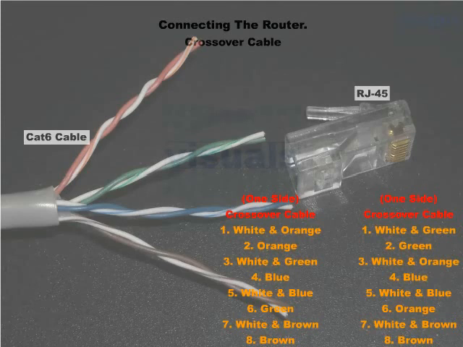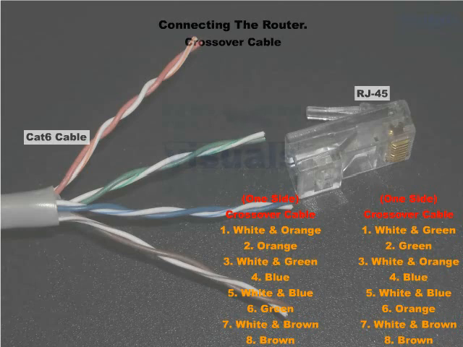We create a crossover cable by designing one side of the cable as you can see here. You should design one side and plug an RJ45 clip on it, on one side of the cable, in this pattern.